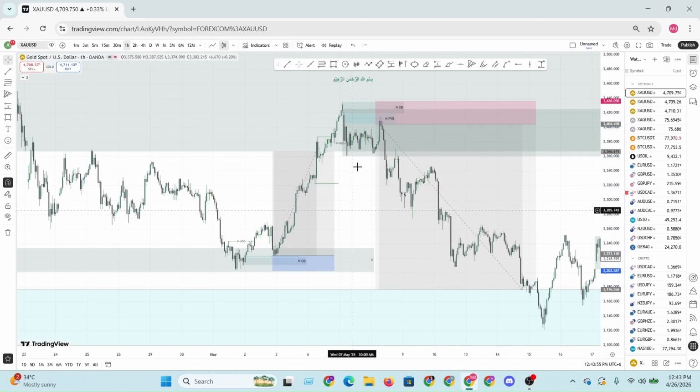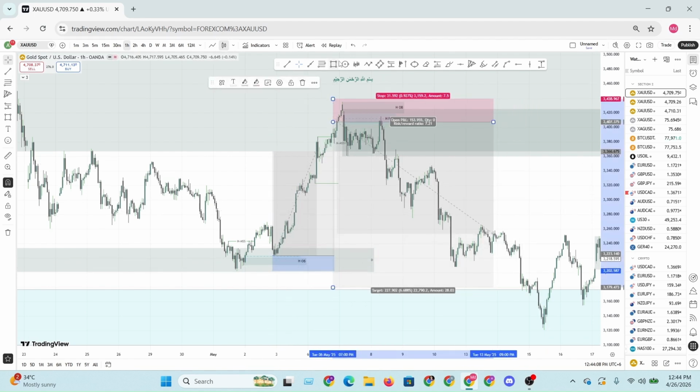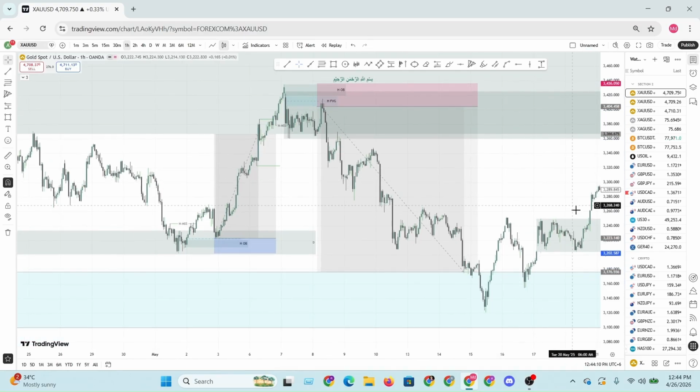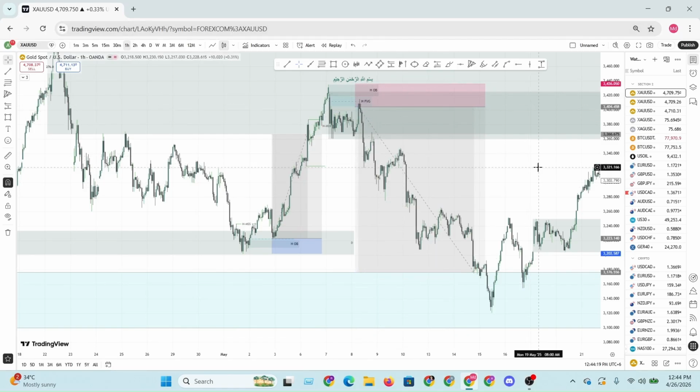Let's see what if this moves, and this move gave an order block. So we will be bearish from this level to this level.